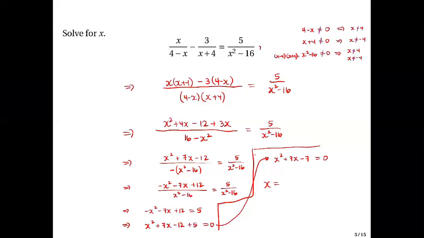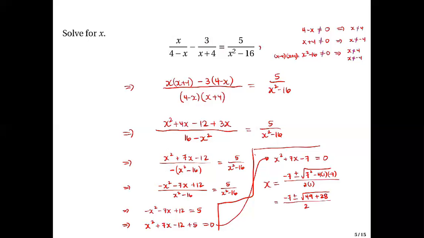So x equals negative 7 plus or minus square root of 7 squared minus 4 times 1 times negative 7 all over 2 times 1. So in here we have minus 7 plus or minus square root of 49 plus in here you have 28.